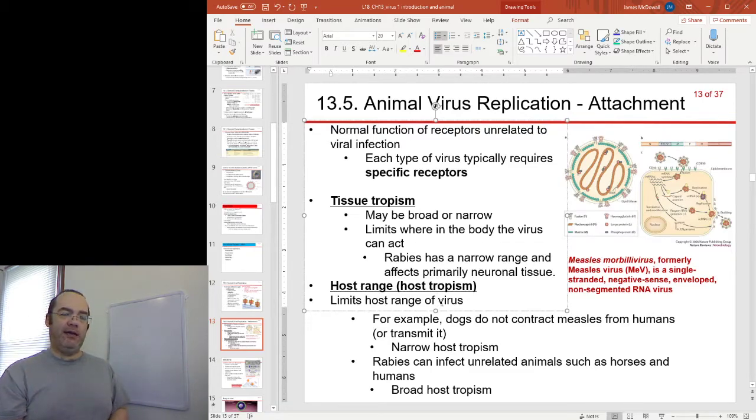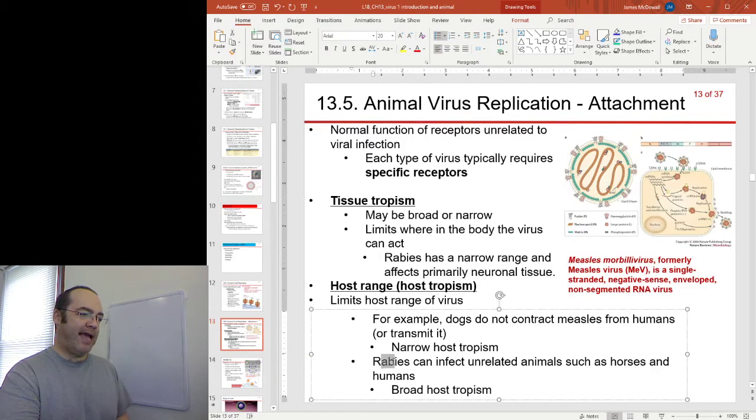If the virus has a receptor that, say, only a human has, then it can only affect the human. Measles, for example. Humans can't give measles to dogs because the dog doesn't have the right receptor for the measles virus, even though dogs and humans, both being mammals, are very similar.